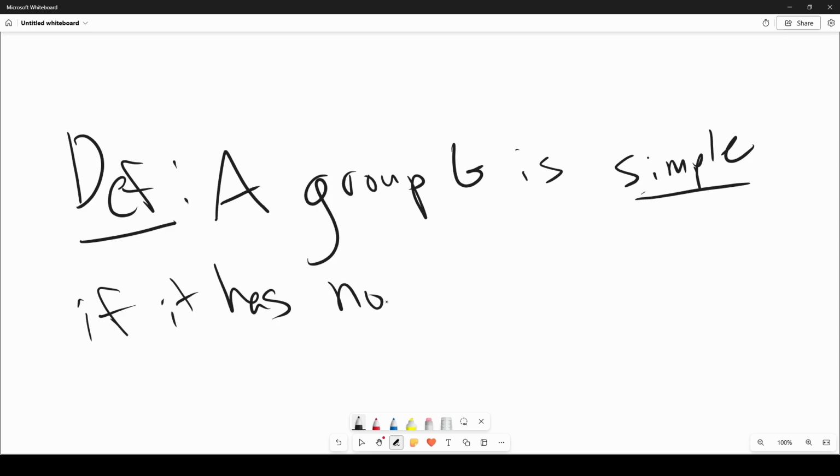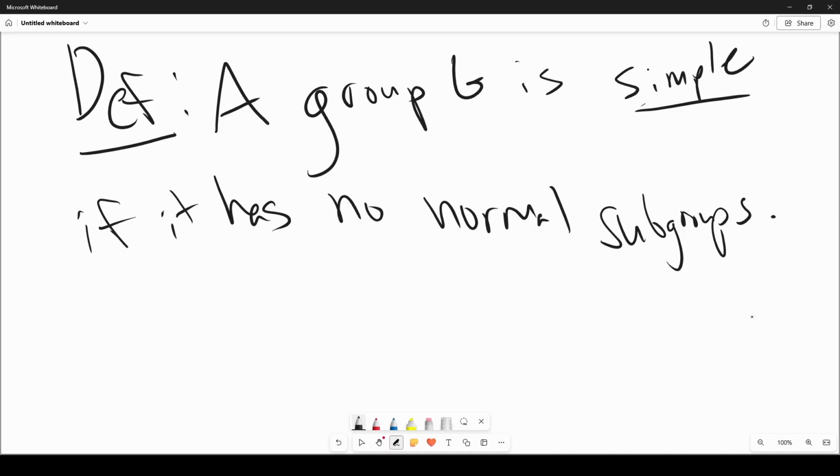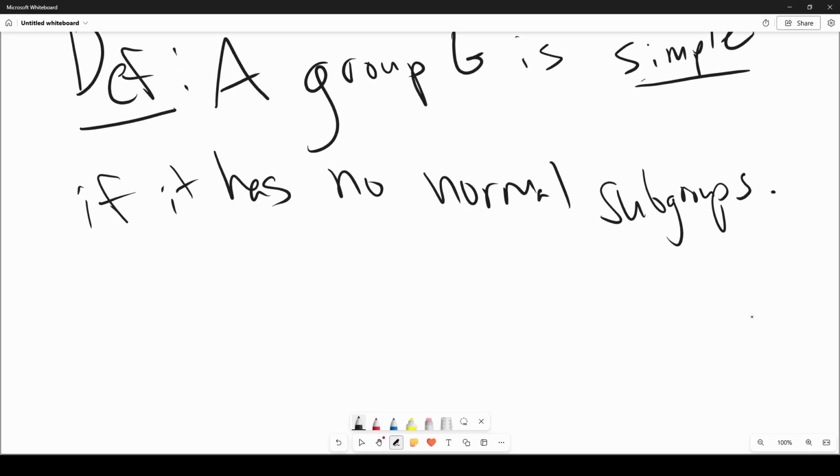The reason why this might be helpful is because we can now try to use the Sylow theorems to prove that groups are not simple. It's often valuable to be able to prove a group isn't or is simple. So that's what we'll attempt to do with many of our examples.